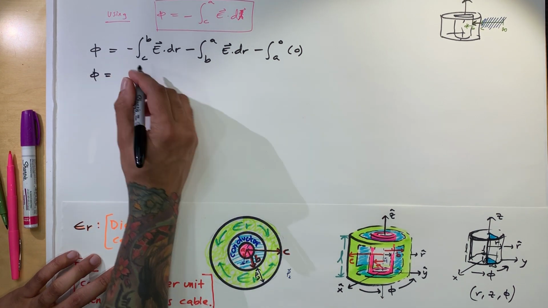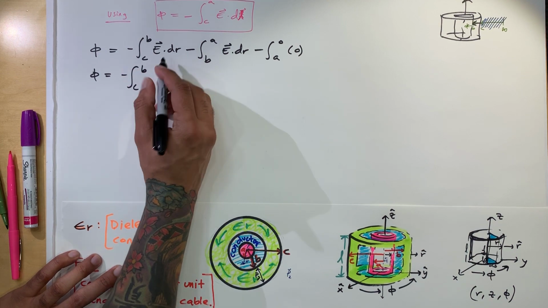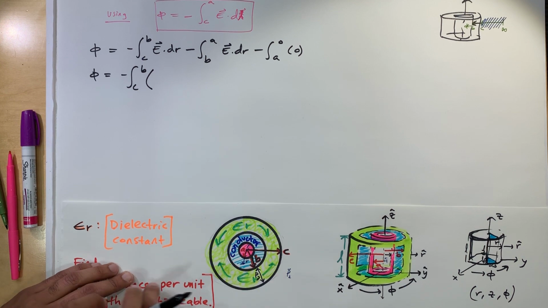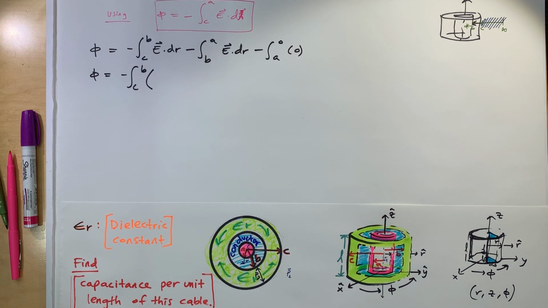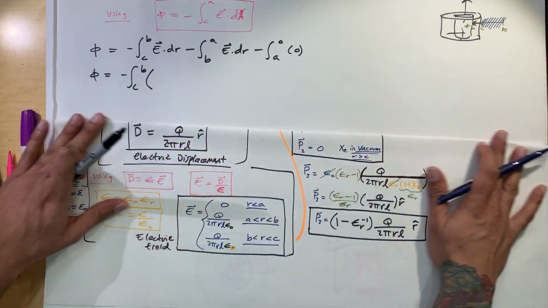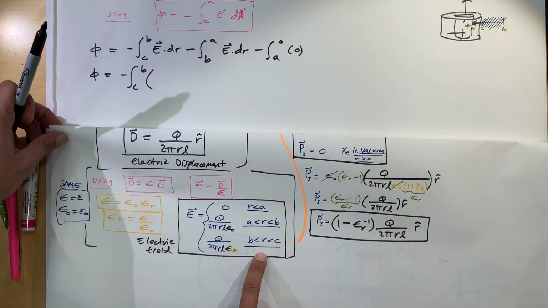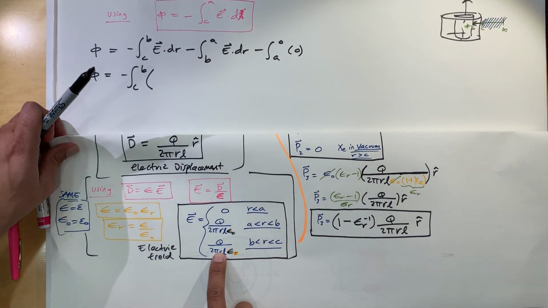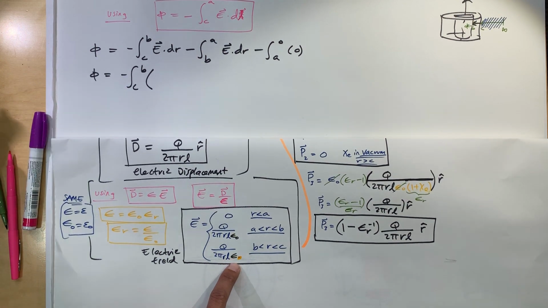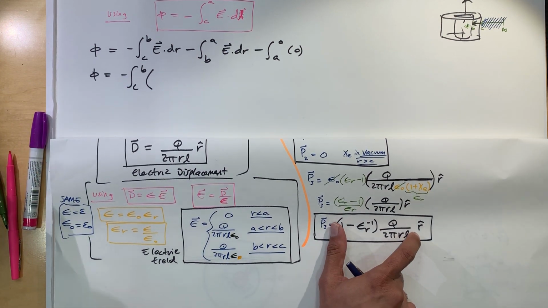We got this integral, and the electric field in the region of B and C is, if we remember, with epsilon, so that's how we're gonna keep it. I'm not gonna write the full representation like this.